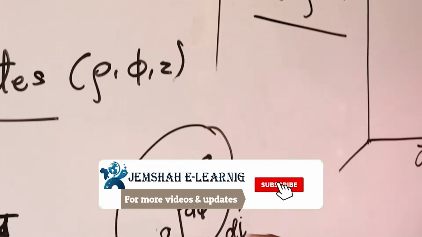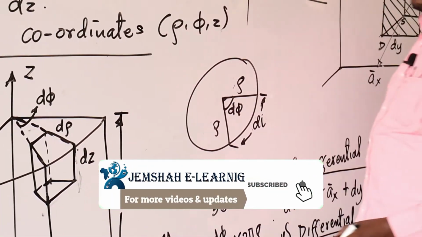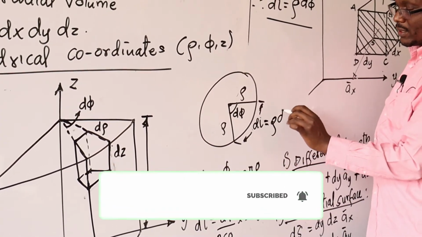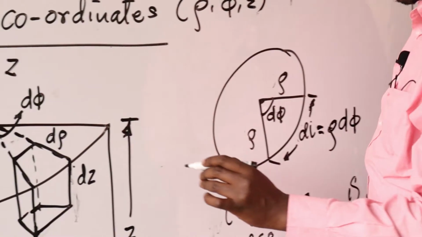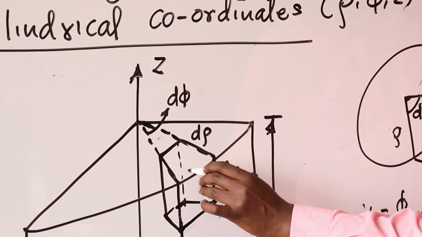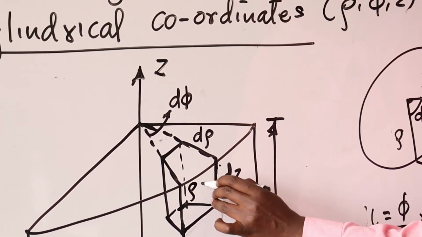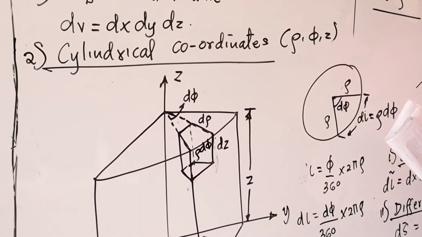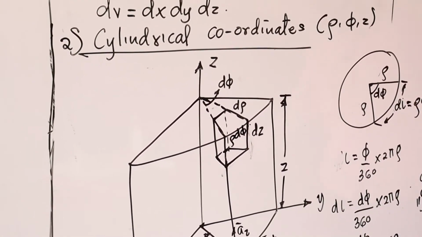And that is how we are able to get this particular length. So this length is rho d phi. I hope you've understood how we are getting that particular length.